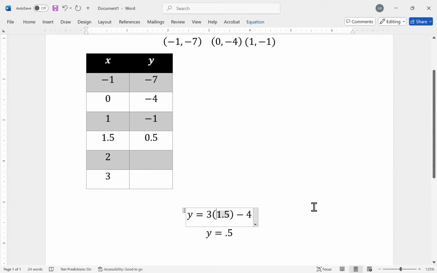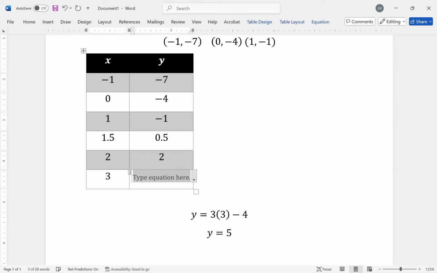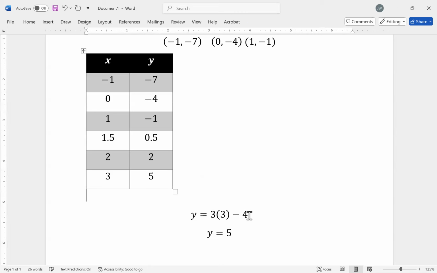What if I plug in the number 2 for X? 3 times 2 minus 4. That's 6 minus 4, which is 2. So that tells me the point 2, 2 is on the graph. Well, if I plug in a 3, 3 times 3 minus 4 gives me a 5. So that tells me the point 3, 5 is also on the graph. Now, you could keep doing this as much as you want.